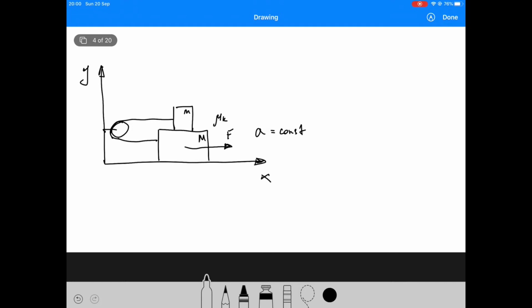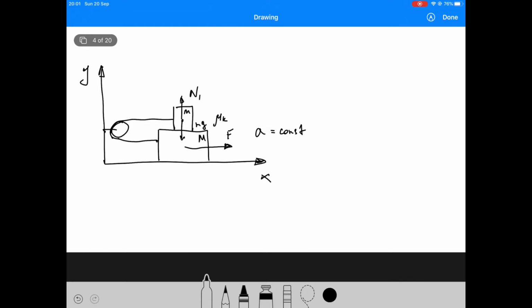In order to do that, we need to consider all forces which are involved in this case. So obviously we have the weight of the top body. So this is mg. Then we have reaction of the bottom body, which is N1.